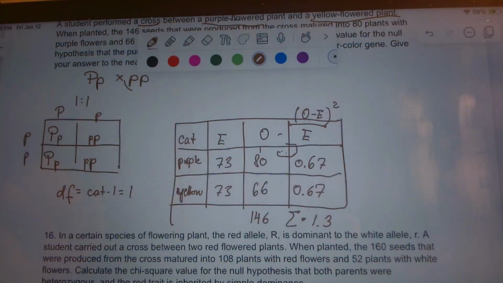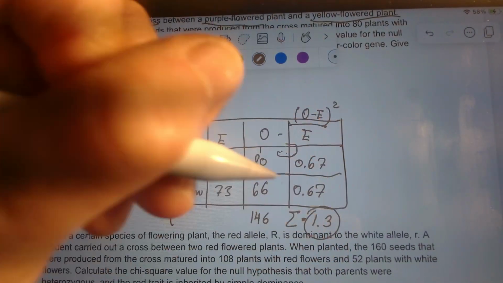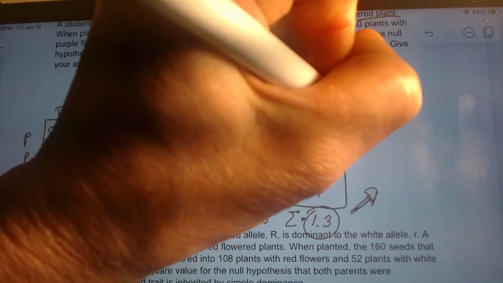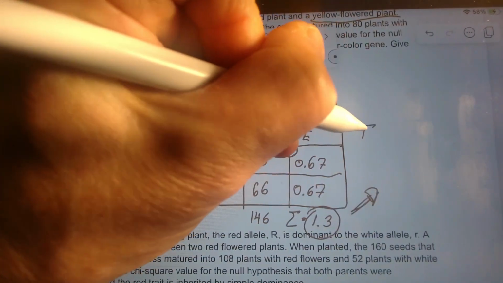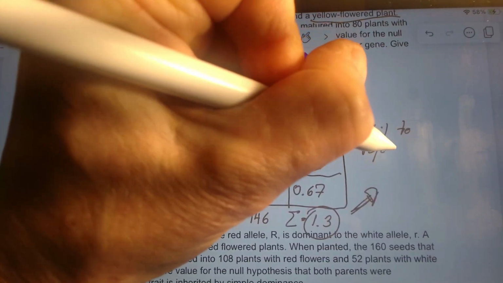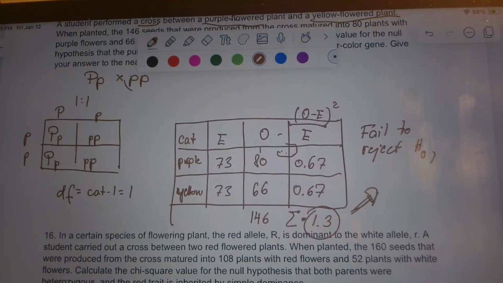So my value 1.3 is less than 3.84. So that means I fail to reject the null hypothesis.